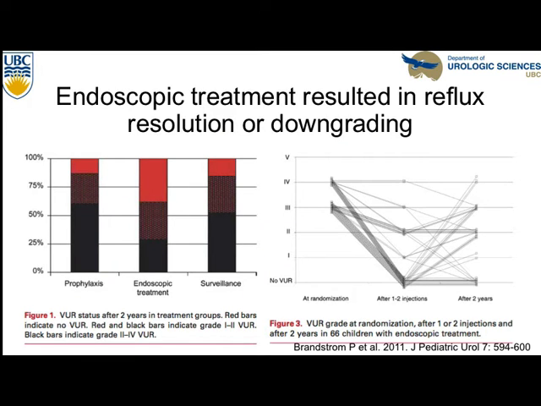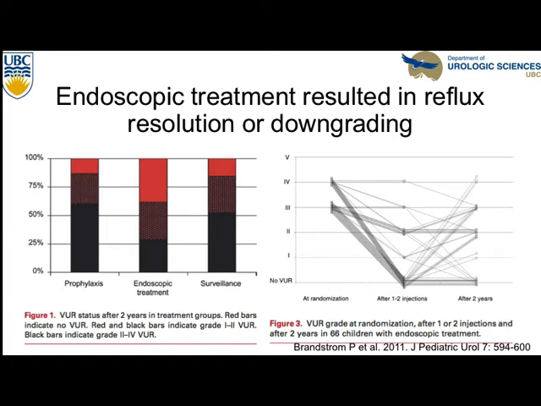So, complicated slide, but I'll break it down. On the left-hand side, the red bars indicate no VUR. The black bars at the bottom indicate grade 2 to 4 VUR, and the dotted bars in between indicate grade 1 to 2 VUR. This was basically reflux grade after 2 years when they reassessed these patients.